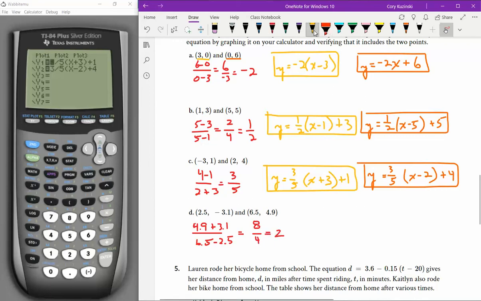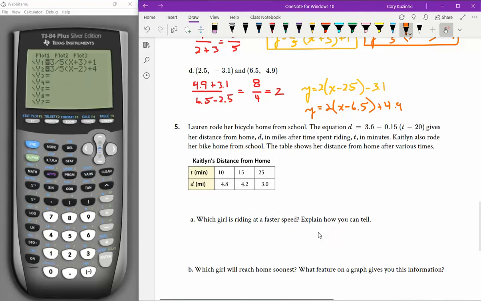So you could write this equation, y equals 2 times x minus 2.5 minus 3.1. Or you could write the second equation, y equals 2 times x minus 6.5 plus 4.9. To save time, I won't bother graphing them or looking at their tables.